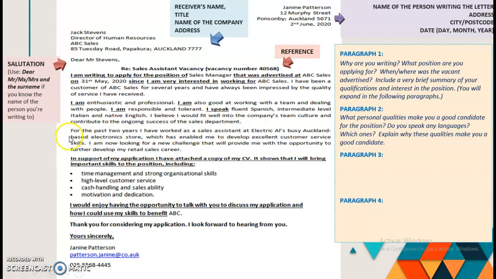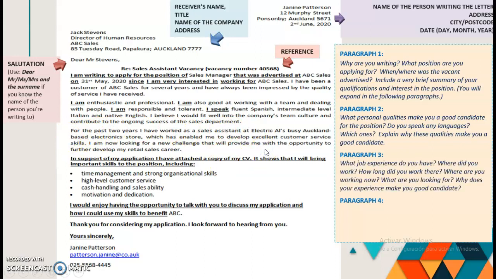The third paragraph deals with your job experiences. So you should mention your job experience: where did you work, how long did you work there, if you are working right now, and where, what's your position in that job.